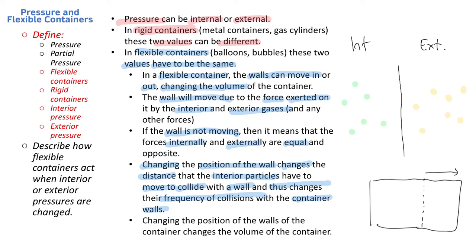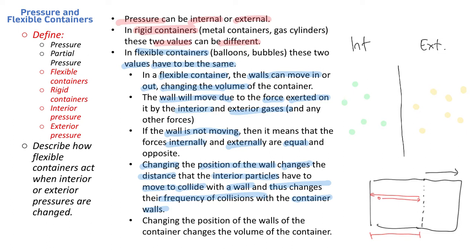Before, one gas particle would have to go all the way here and then bounce all the way back to collide with another wall. So effectively, you would have to move this distance times 2 to go from one side of the wall to the other side. Or, probably not even times 2, but it would have to move that far to collide again with another wall.